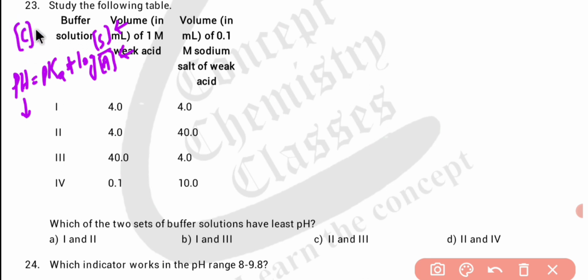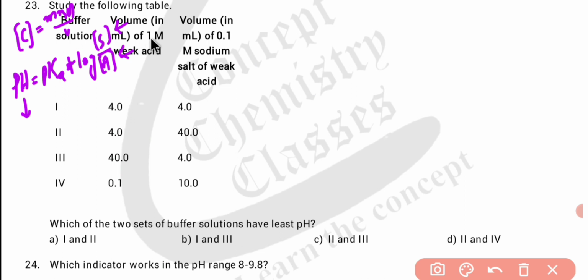We must know how to calculate concentration. Molarity is millimole divided by volume of solution. Here the total volume will be the same, so we just compare the millimoles of acid and base.